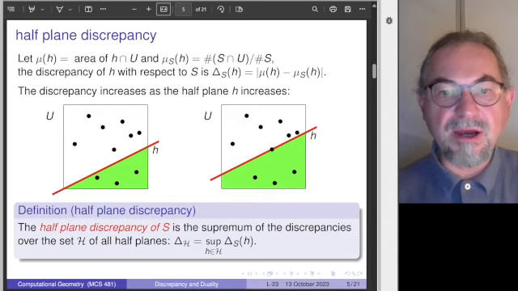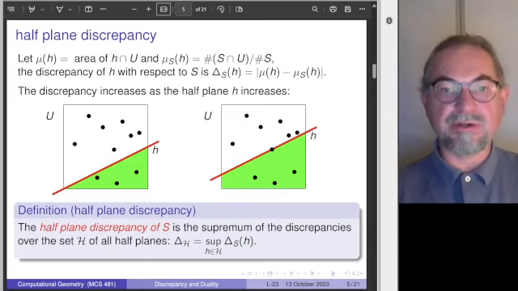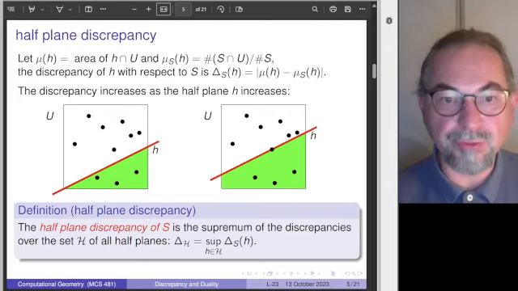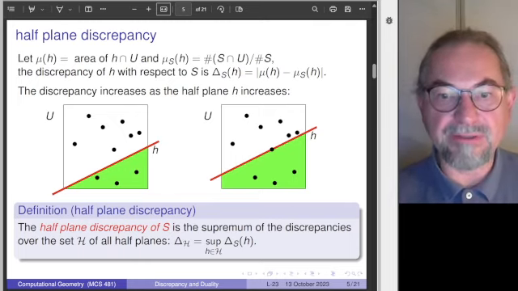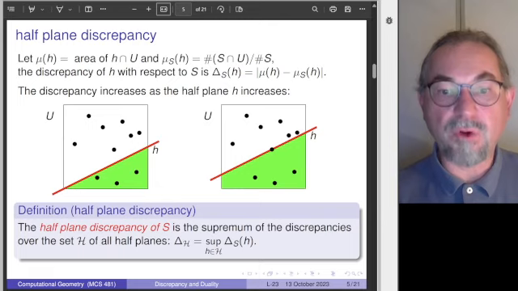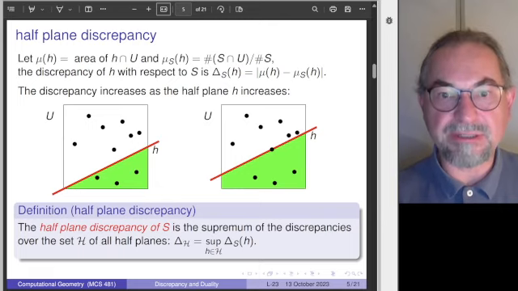But how bad can it actually get? This is what we are now going to try to compute. This is called the half plane discrepancy. It's the supremum of all the discrepancies of the set of all half planes that we can consider.